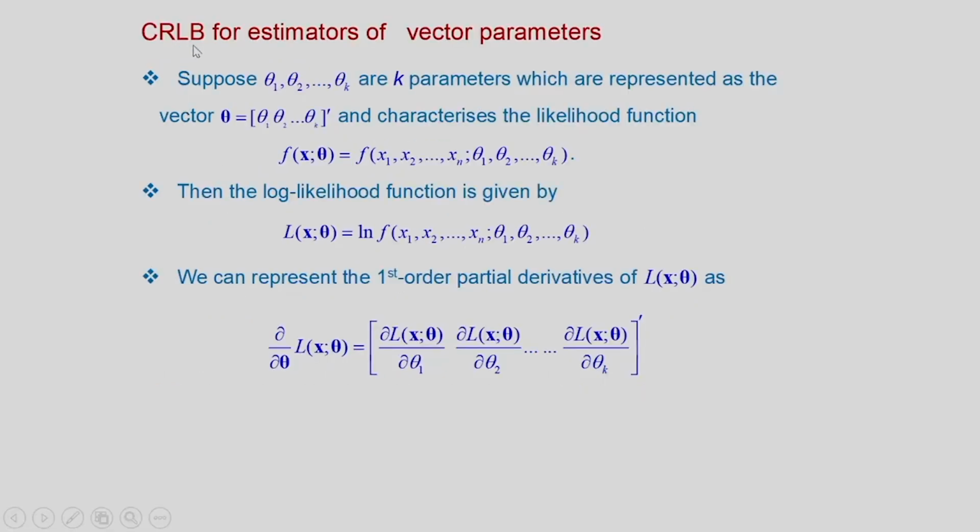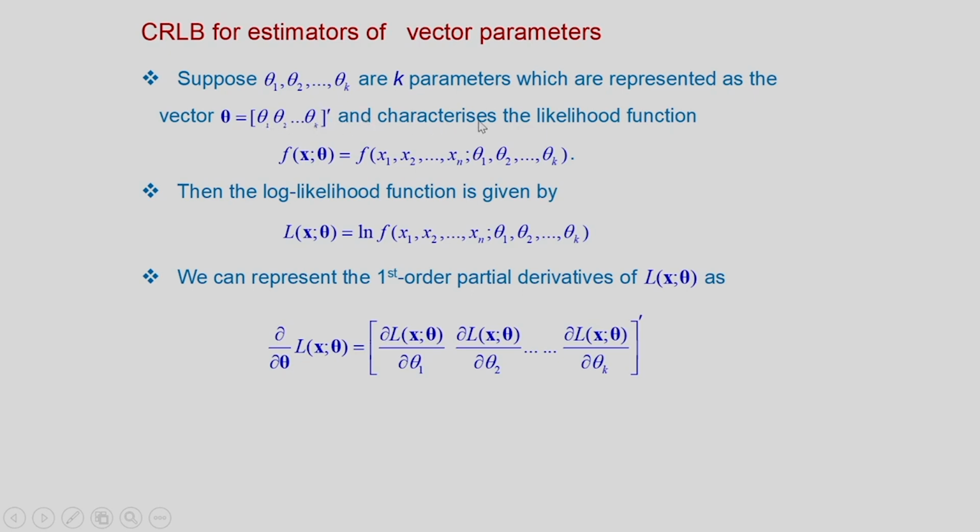Now, we will be considering the CRLB for estimators of vector parameters. Suppose theta 1, theta 2 up to theta k are k parameters which are represented as a vector. This is a k dimensional vector, theta, given by theta 1, theta 2 up to theta k, transpose. This is a column vector.